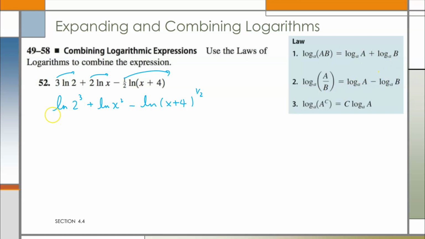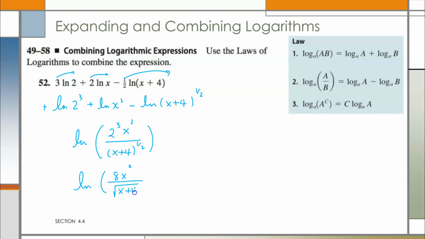If it's a plus, that means this came from the numerator, 2 cubed and x squared. If it's a minus, that means that this came from the denominator. And so as a final answer, I'm going to say 8, which is 2 cubed, 8x squared, and then the half power is the same as the square root.